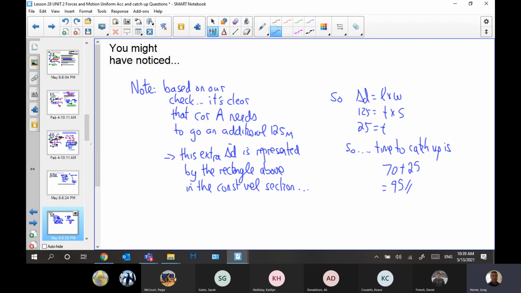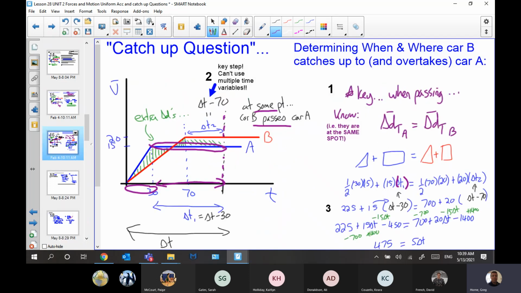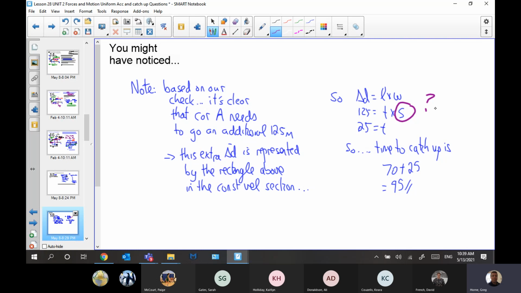I'm trying to do a different color here. So basically, I'm looking at the extra velocity, right? So this is the extra velocity. I'm not really recommending you bother to think of it that way, but it does confirm the idea of how this works, right?